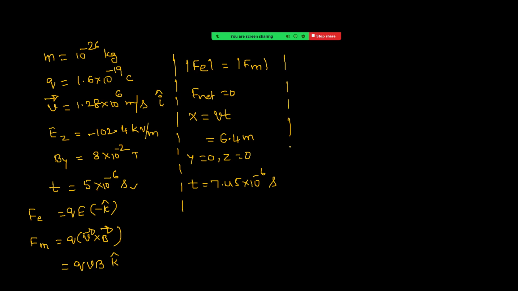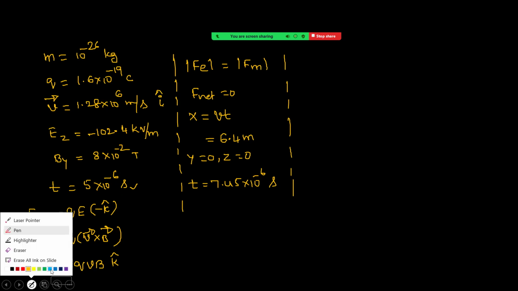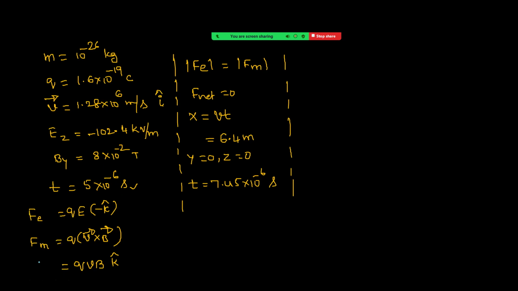That means the extra time interval is 7.45 minus 5. Now focus carefully. It is only the magnetic field, and that is along the y-axis. Velocity is along the x-axis. So i cap cross j cap is k cap. Okay, let us see.